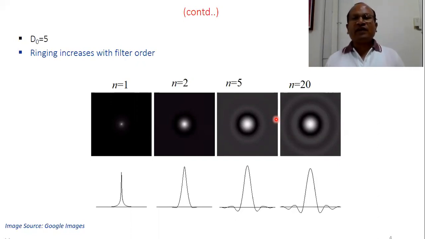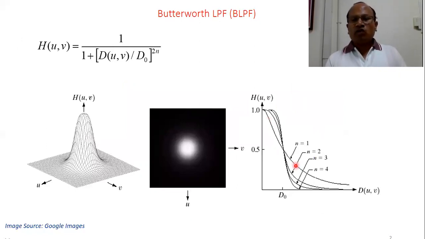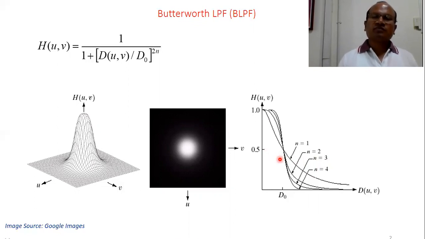Now, the same effect can be seen here when the filter order is higher and higher. Why? Can you again see the frequency response? When we are increasing the filter order, the response is reaching towards the ideal LPF, ideal low pass filter.